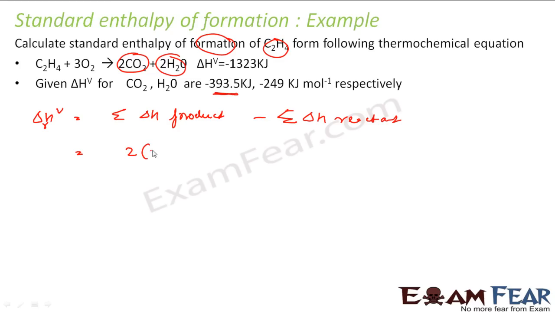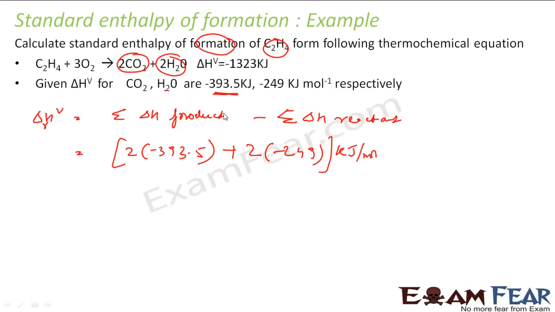So 2 into minus 393.5. Why did I multiply with 2? Because all these values are extensive properties. Plus for products we have water also, 2 molecules of water, so 2 into, for water it is minus 249, and everything is in kilojoule per mole.